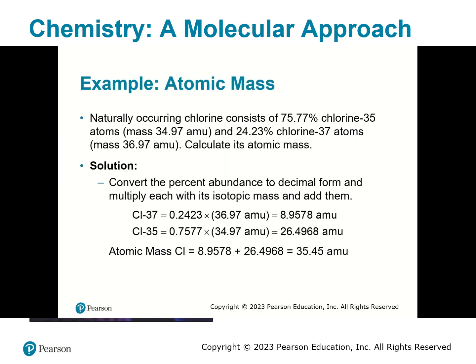Okay, so we can solve a problem over here. Naturally occurring chlorine consists of 75.77% chlorine 35, and we have chlorine 37 over here. I said a few slides ago 36, it's chlorine 37, I'm sorry. And we have only 24.23% of this.